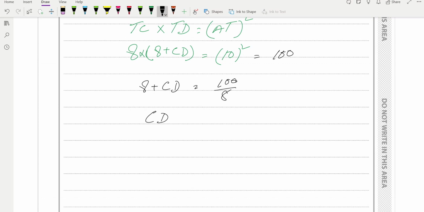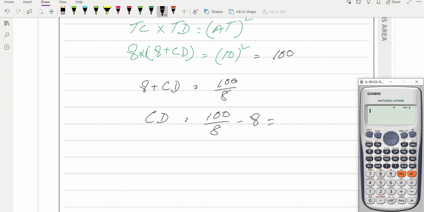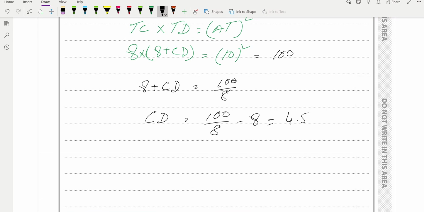So CD will be equal to 100 divided by 8 minus 8, and this is equal to 4.5 centimeters, because measurements are in centimeters.